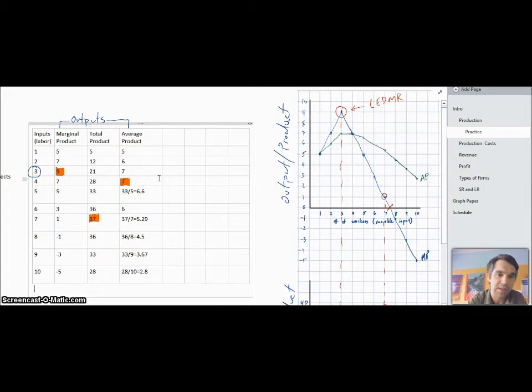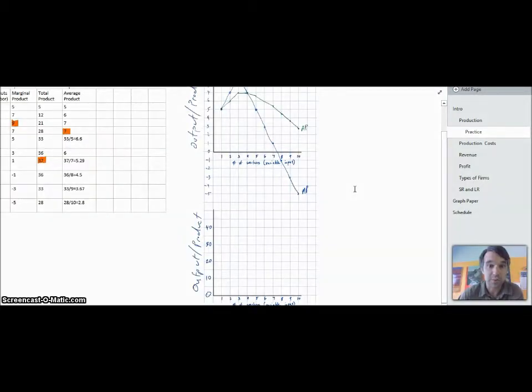So what this highest number of 7 over here correlates to is the fact that this top point of the average production curve is our point of productive efficiency. So obviously that's going to correlate well to the lowest point of the average cost curve, which is also a point of productive efficiency.